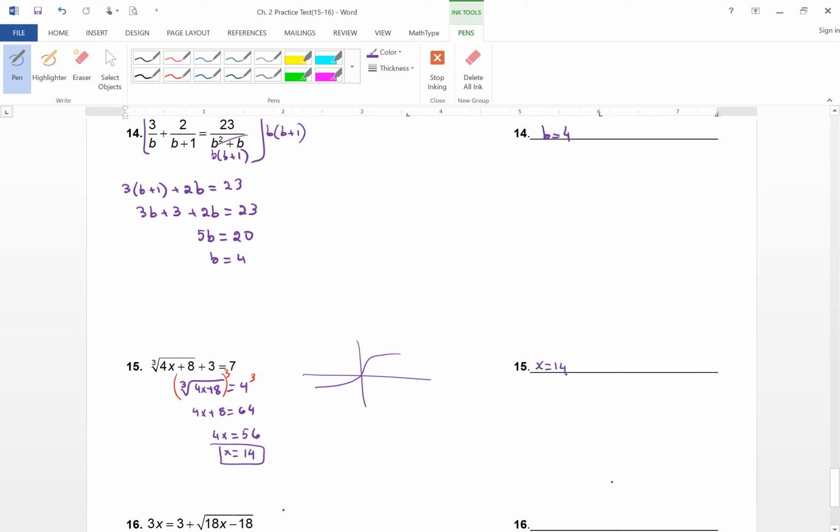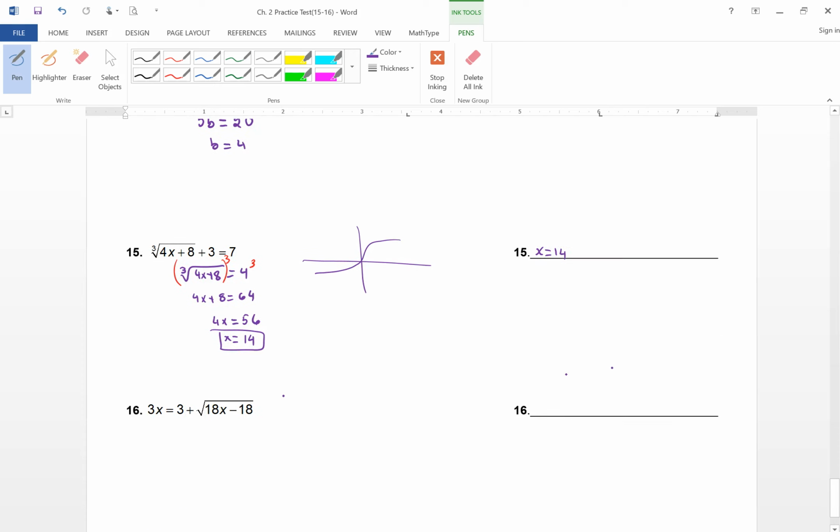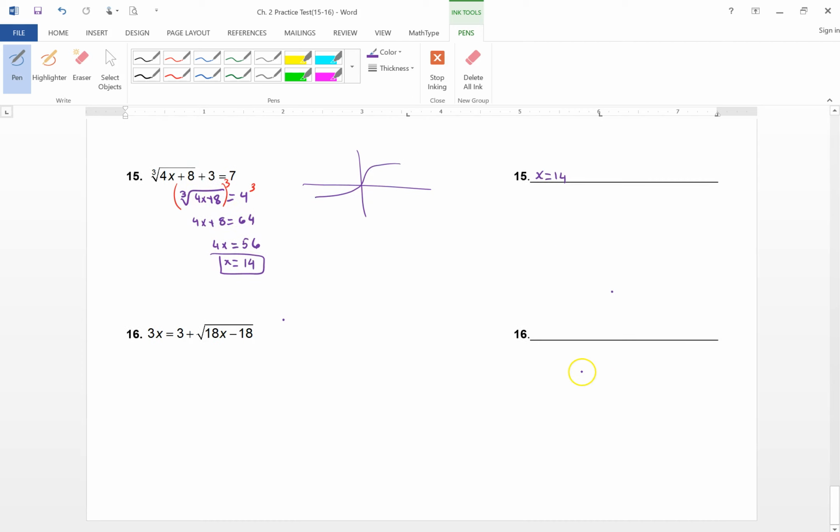Okay, next one is a root. So, when we get the answer, we have to check for extraneous solutions here as well.